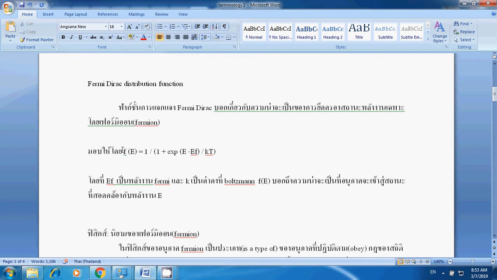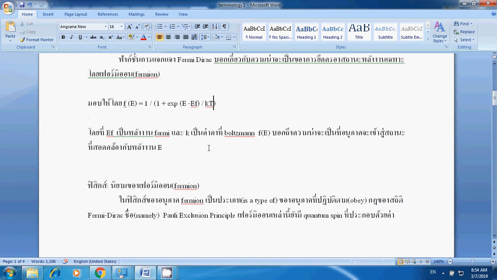The equation: the Fermi-Dirac distribution function depends on the energy, F(E) equals 1 over 1 plus exponential of (E minus EF) divided by kT. EF is the Fermi level, or Fermi energy. k is the Boltzmann constant, and T is the absolute temperature in the unit of Kelvin, you know that. F(E) tells about the possibility of a particle being in any state that corresponds to energy E.